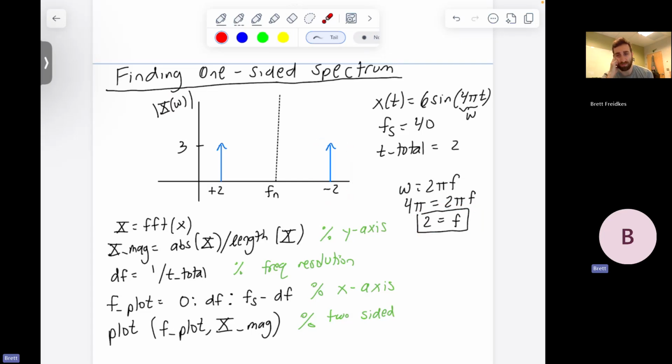So we'll have some amplitude at positive 2 and negative 2. Each of those amplitudes are half of the amplitude of the original sine wave. Basically, this 6 is split between the positive and the negative frequencies. So we see amplitudes of 3 at each of these locations.